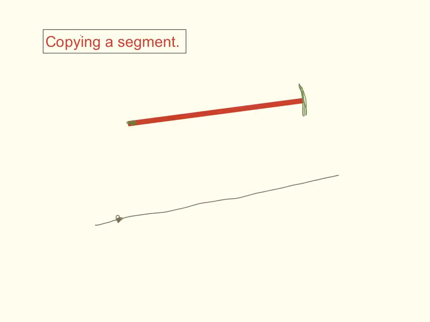That is the length from this point right here to the endpoint of the segment over here. And with that same measurement now, I'm going to come down here and make an arc. This arc is similar to the arc above it, and this segment right here will be the same length as this segment right here. I've copied the length of that segment.